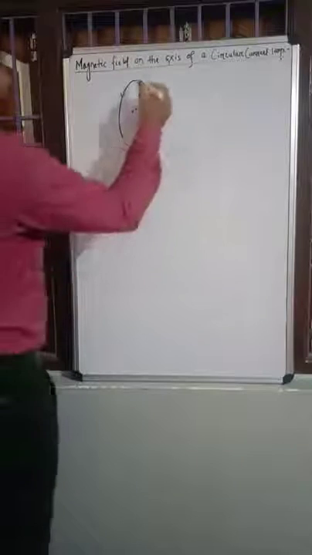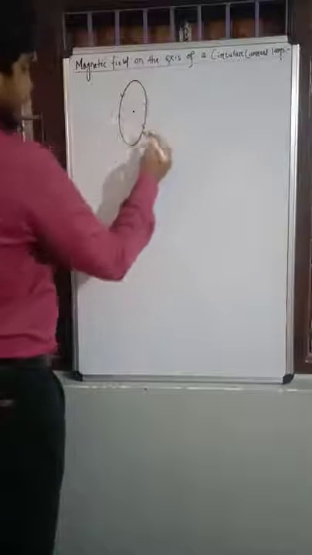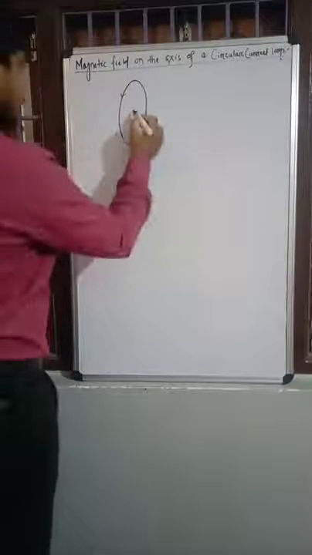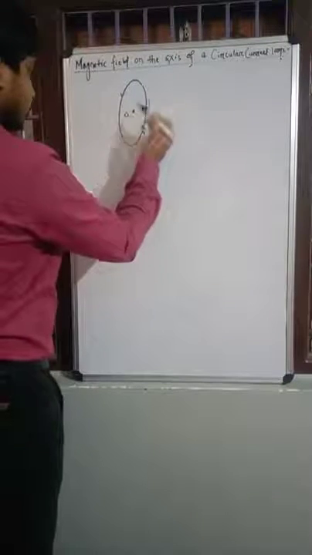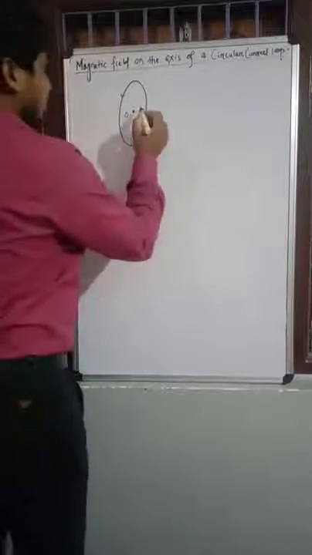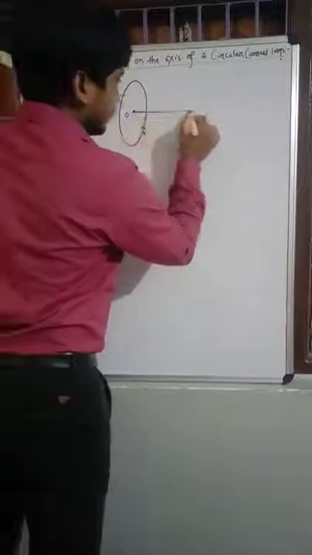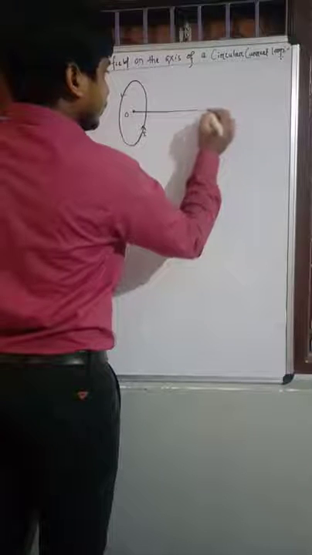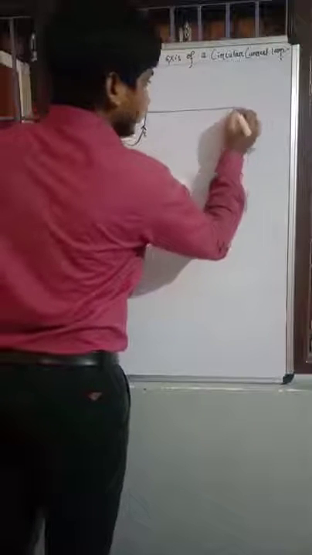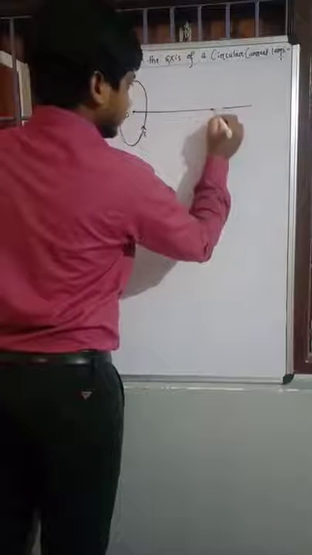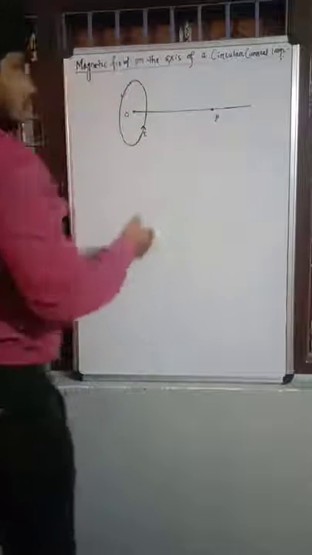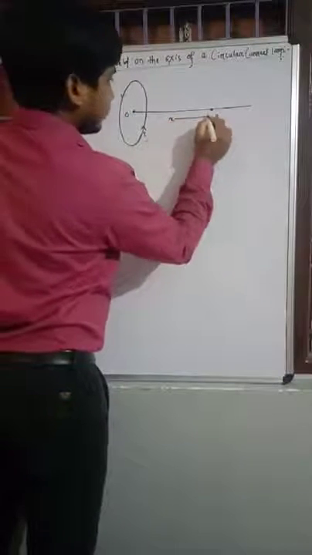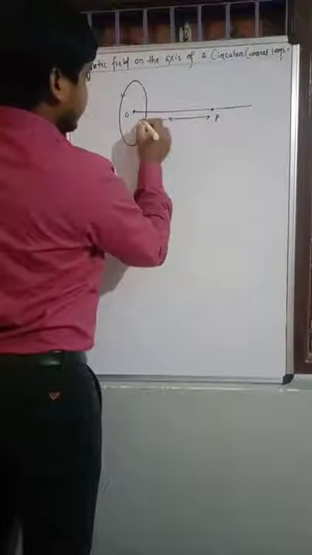So now I have taken a circular loop, this one, in which current is flowing, and this is the center, it will be O, and let this be the axis which is passing through its center, and let us consider a point P here, which is situated at a distance of x from the center.